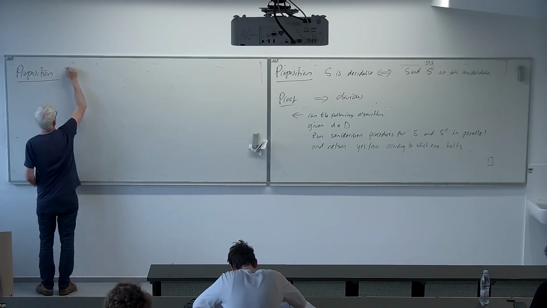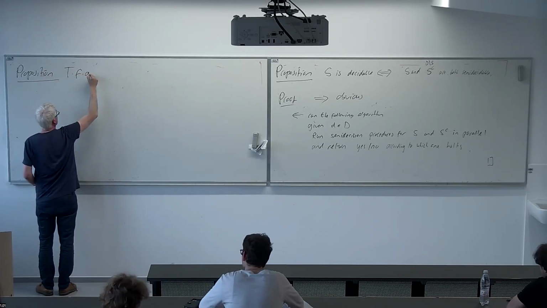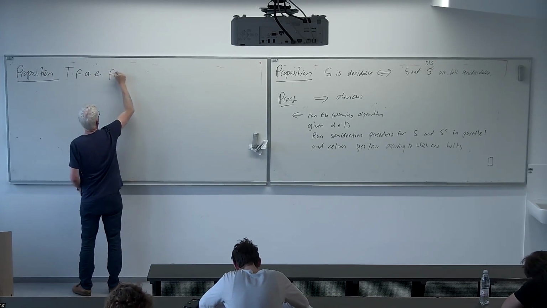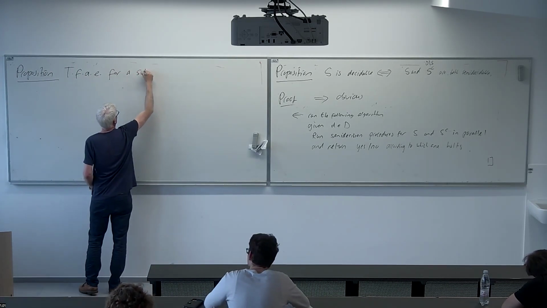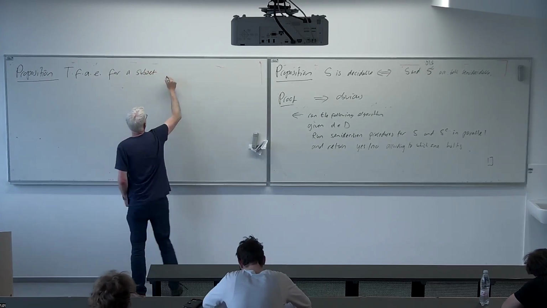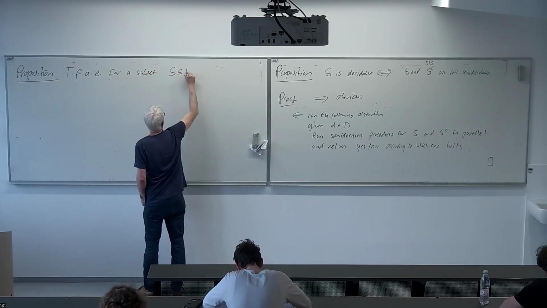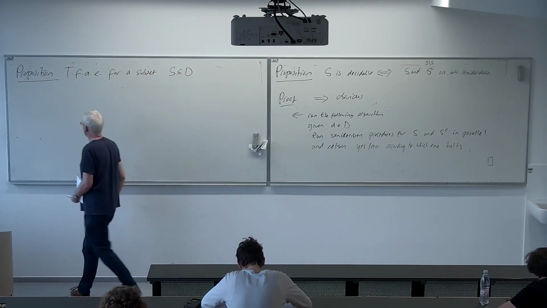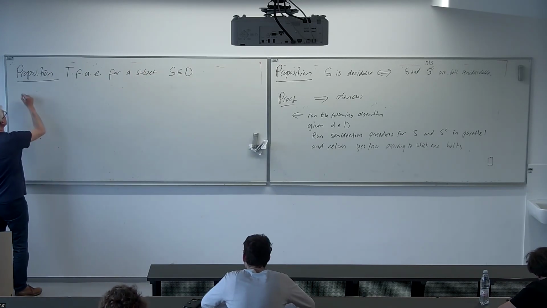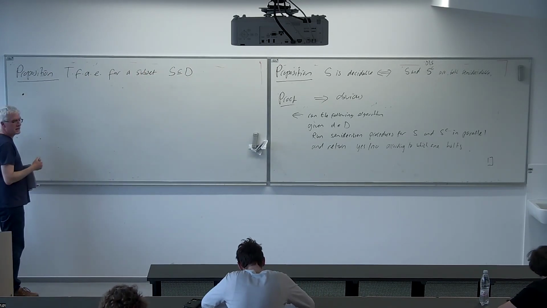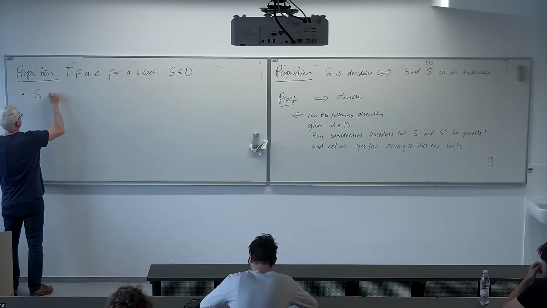So let's put it like this. The following are equivalent for a subset. We're going to characterize semi-decidability. So one is that S is semi-decidable.